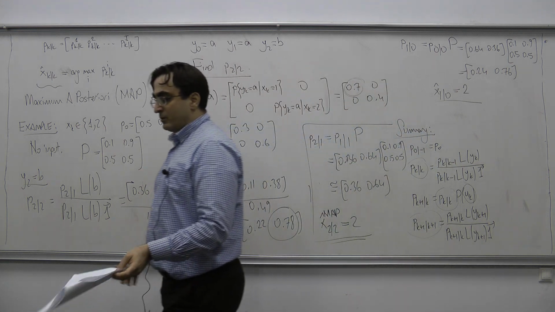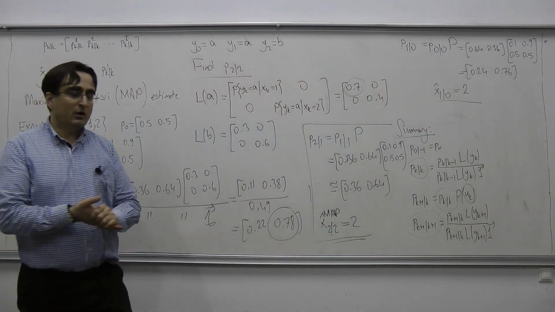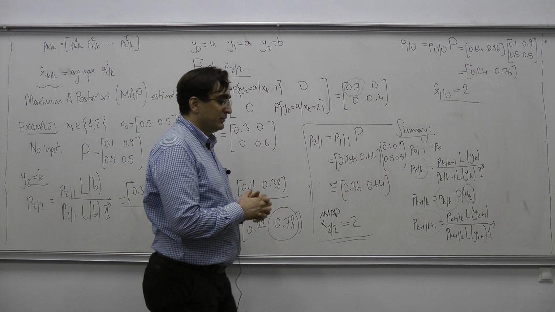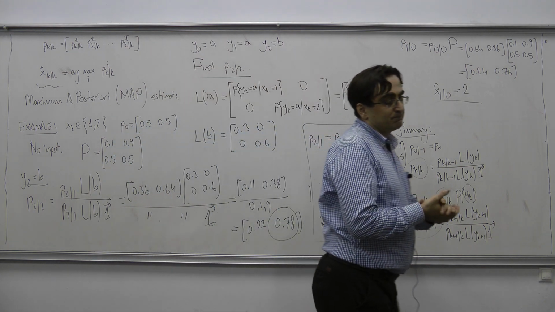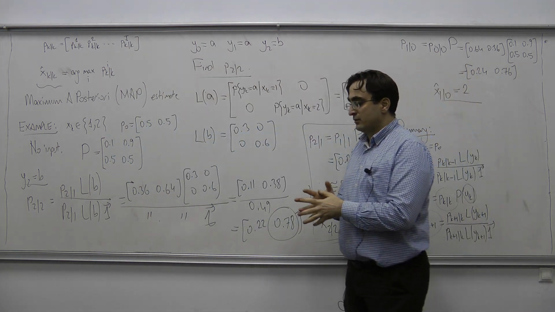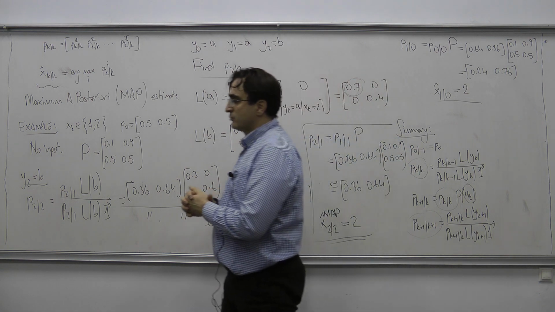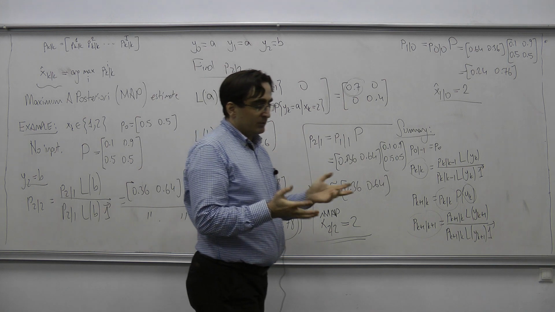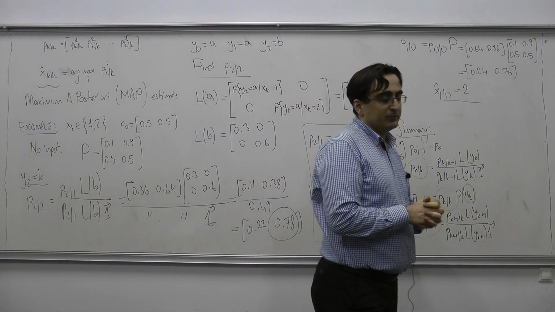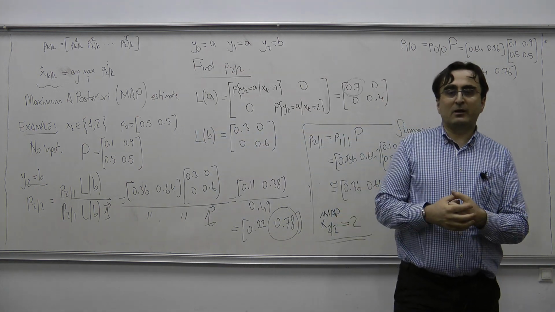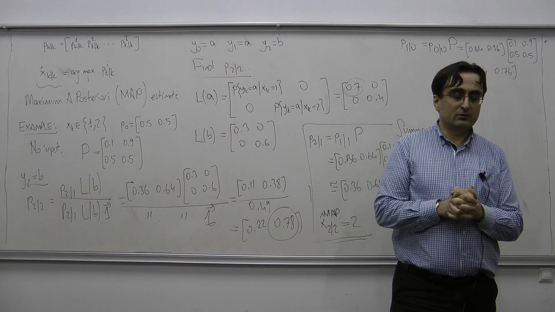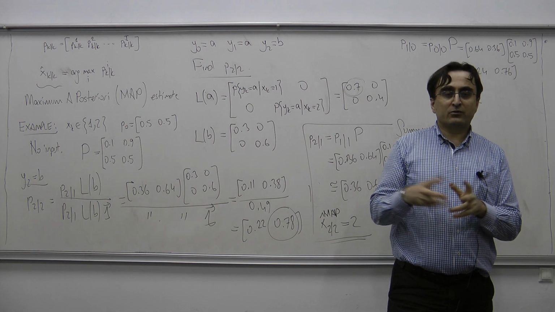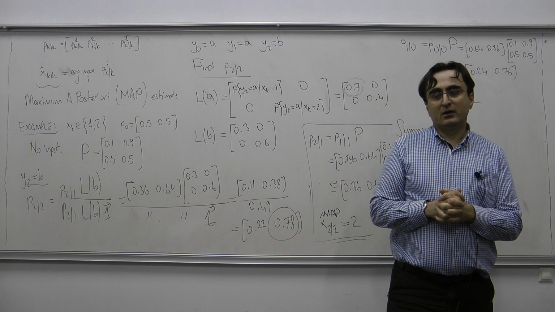And the next topic in the course is going to be, I'm actually going slower than I guessed. So the next topic, which is going to remain for the next week, is going to be estimation for linear Gaussian systems, which is going to be the Kalman filter. And then we're going to see properties of the Kalman filter, and that is going to take the next week, I think.